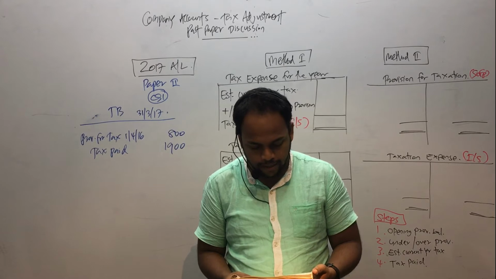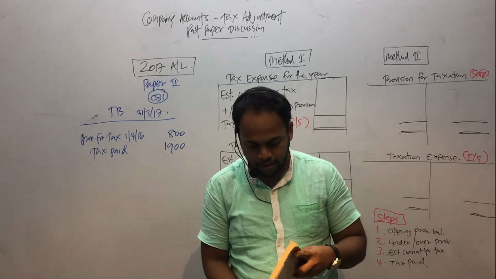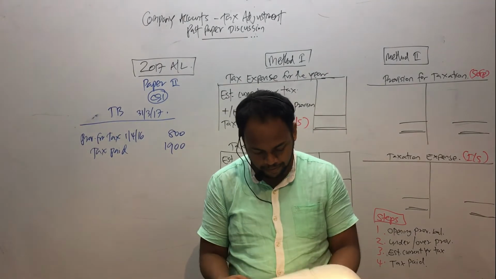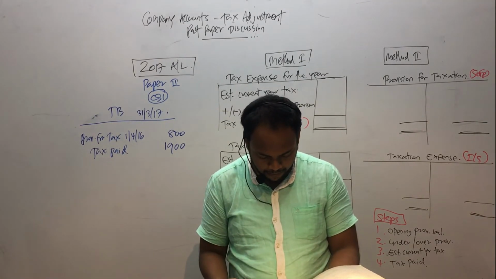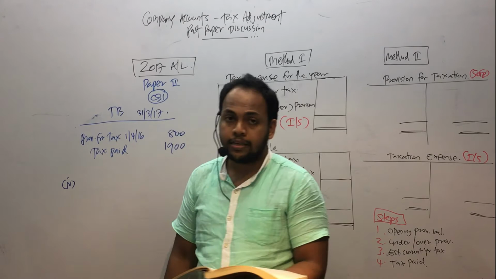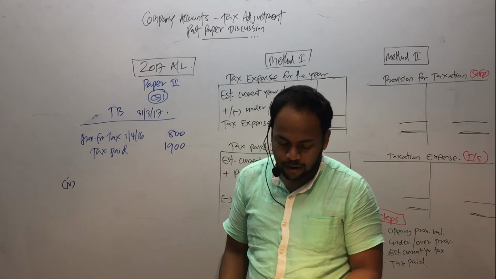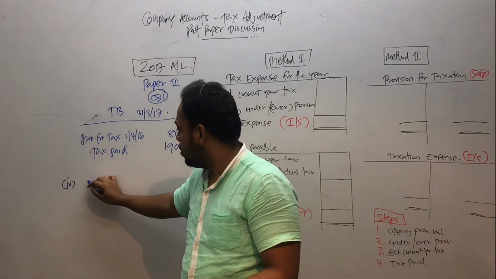Then if you check the additional information, adjustment number 4 says income tax paid includes 600 paid for the previous year.